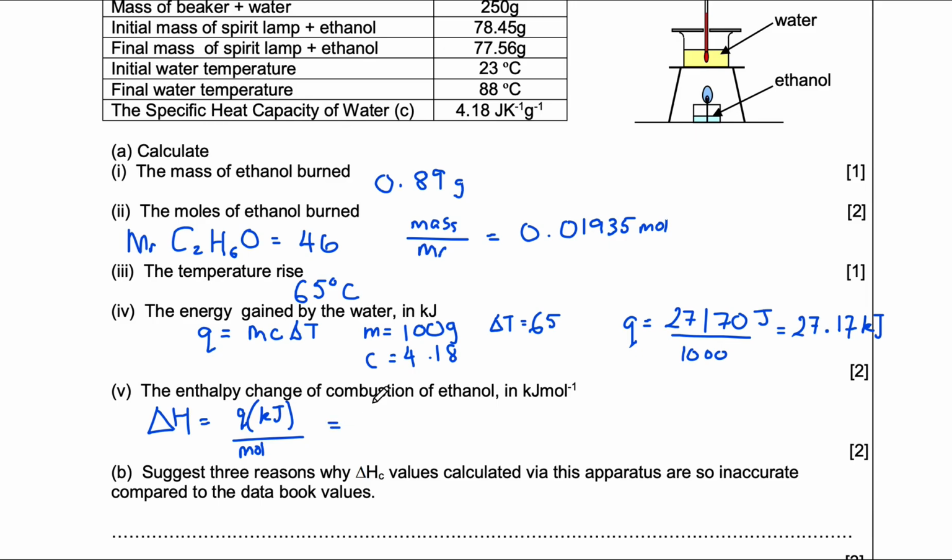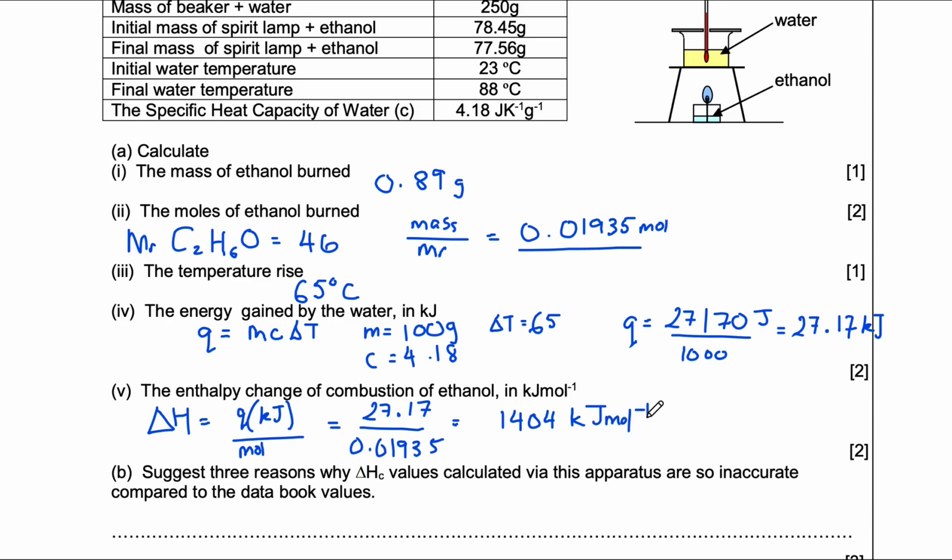So we're going to do our Q in kilojoules, 27.17, divided by the moles of the fuel, which we've already worked out, 0.01935. That should give us our value. I'm just going to round it to 1,404 kilojoules per mole.